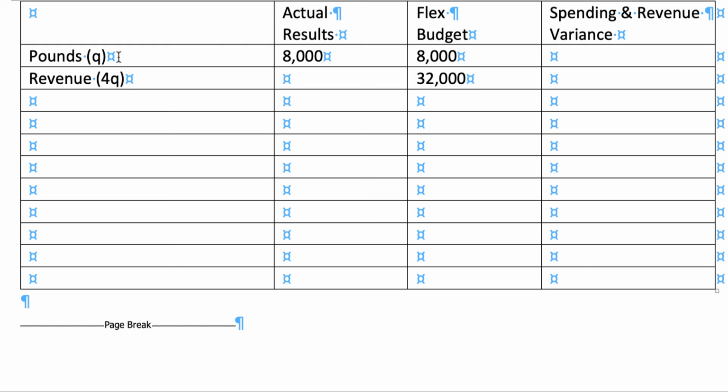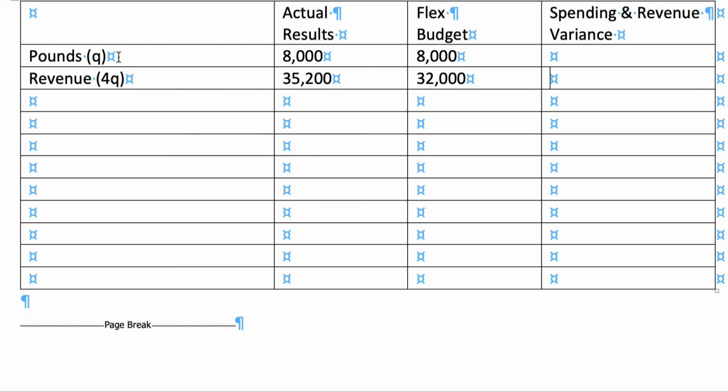But what is it actually? Well, if we look at page 435, they give you the actual income statement. So we're going to use those numbers for our actual column. They tell us that our revenue is actually $35,200. So we have a difference, right?